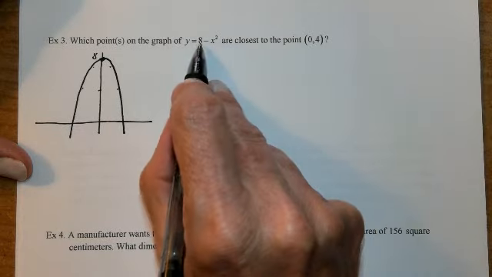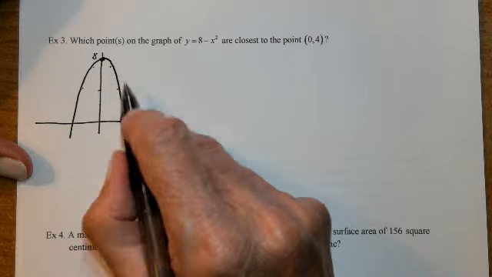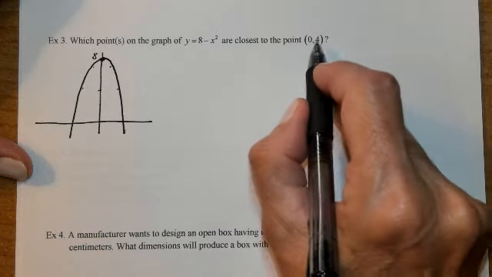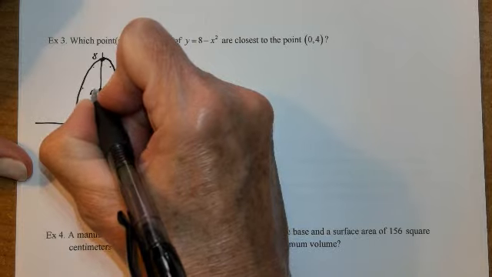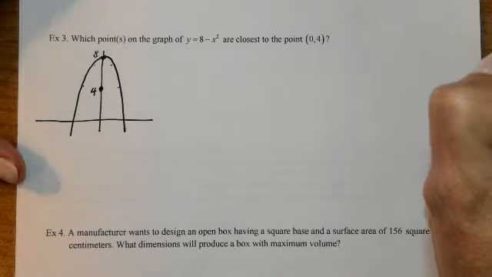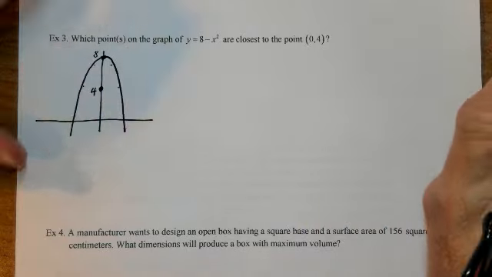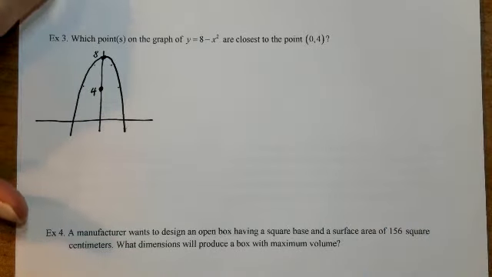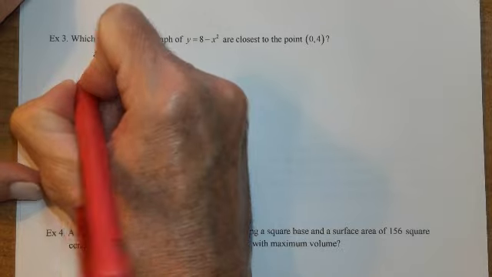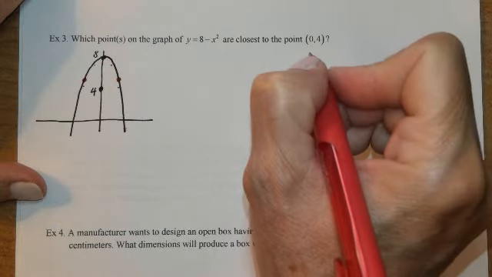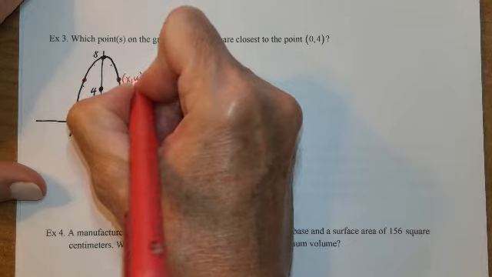And that's the graph of that parabola, and we want to know which points on this graph are closest to 0, 4. Where is 0, 4? Well, 0, 4 is right here. So which points on the parabola are closest to that point? It looks to me like they'd be somewhere, maybe right here and here, right? I'm going to label this point XY.